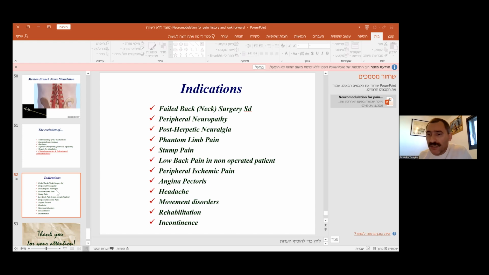But the most important and most impressive thing in the last years was introducing neuromodulation in rehabilitation. It is an amazing thing when you can put an electrode in spinal injured patients and see them walk. This is absolutely fantastic, and this is the future.